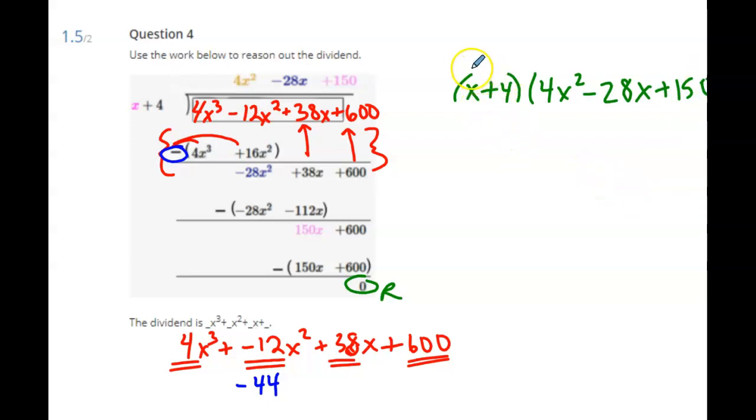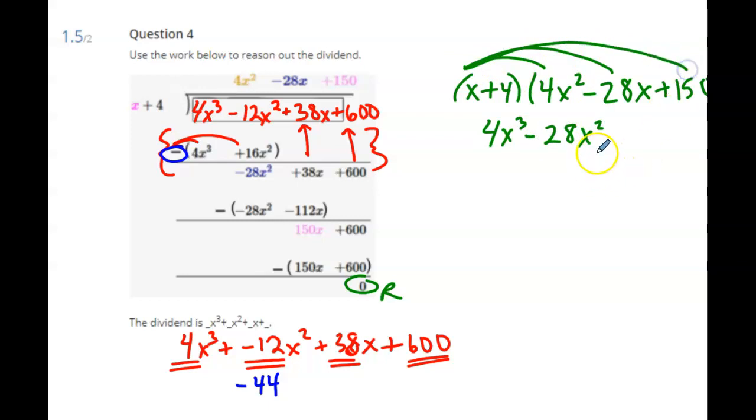And then when you multiply, x times 4x squared is 4x cubed, then x times negative 28x is a negative 28x squared. Then we have x times 150, which would be 150x.